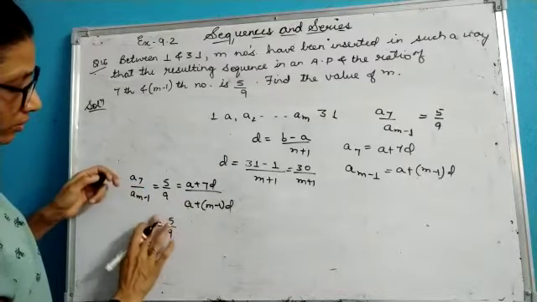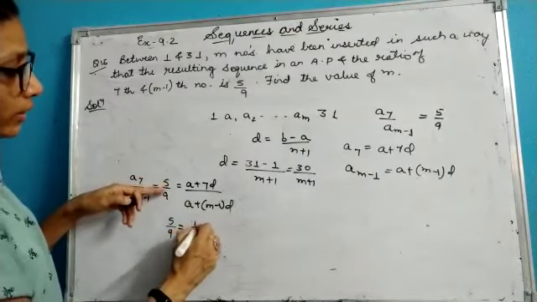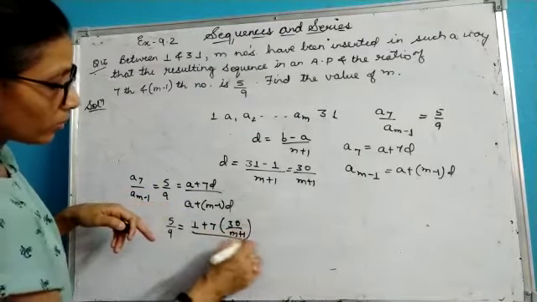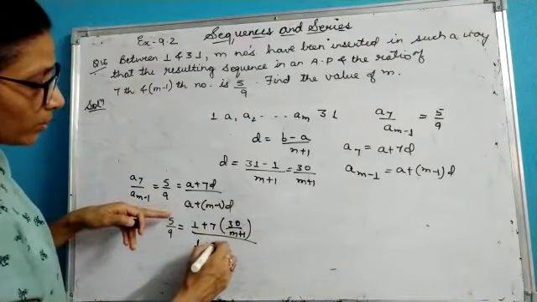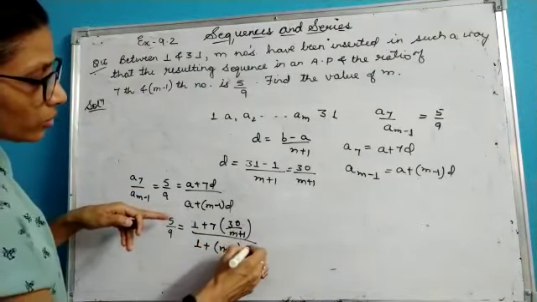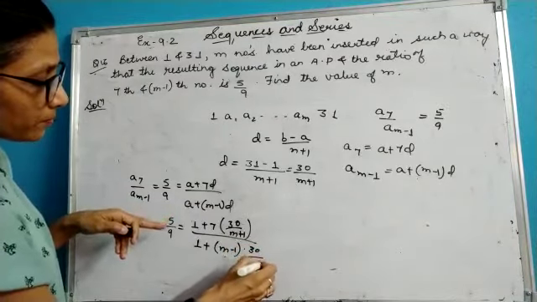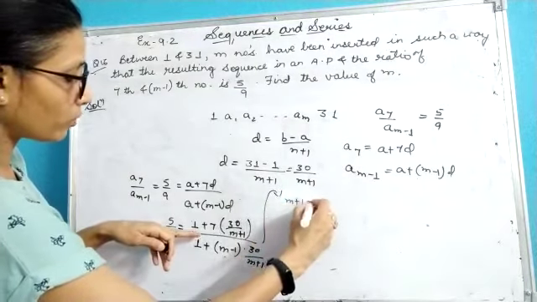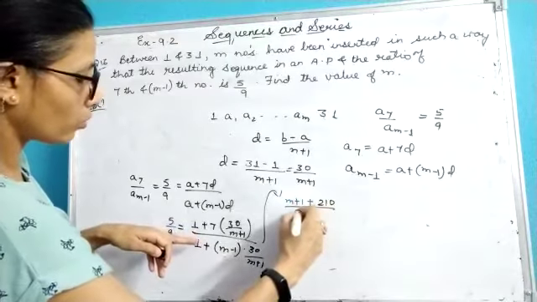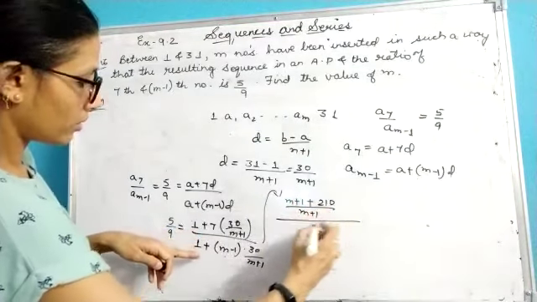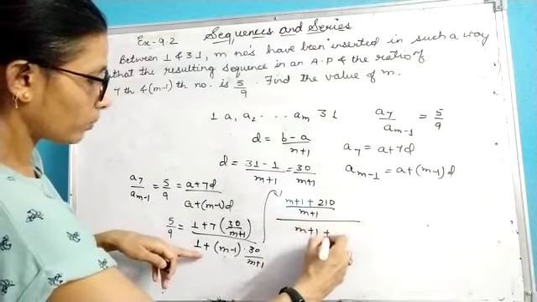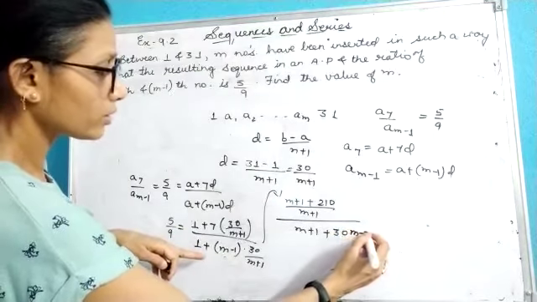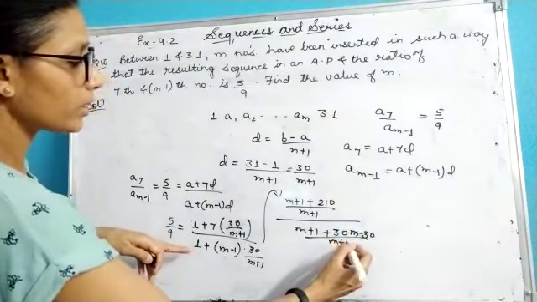So let's just put the values. 5/9 is equal to (1 plus 7D), where D I have got as 30 upon m plus 1, whole upon (1 plus (m minus 1)D), and D is again 30 by m plus 1. So I can solve it by taking the LCM. So (m plus 1 plus 210) whole upon m plus 1, upon (m plus 1 plus 30m minus 30) whole upon m plus 1.